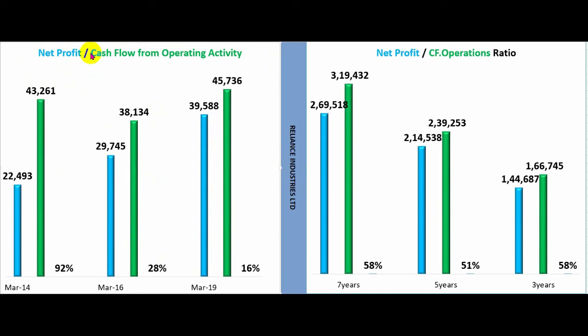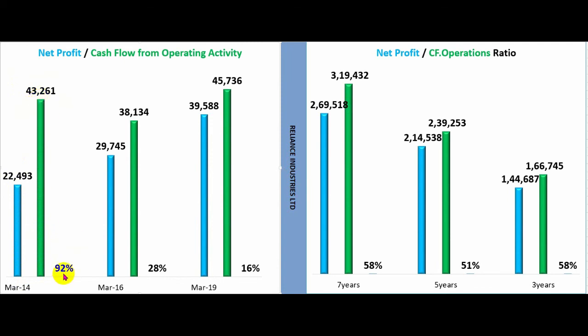So we have three activities: operating activity, investment activity, and financing activity, all related with cash inflows and outflows. In March 14, the company's total net profit was 22,000 crores, against which it showed a cash from operating activity of 43,000 crores.